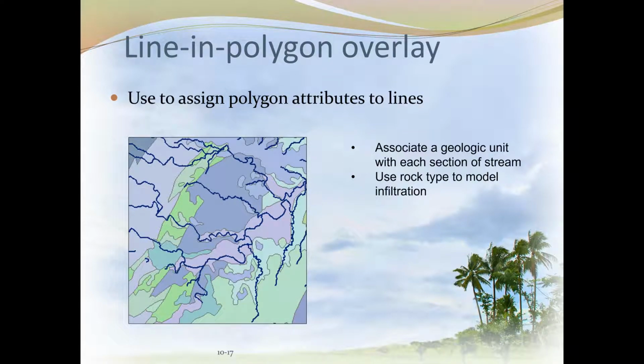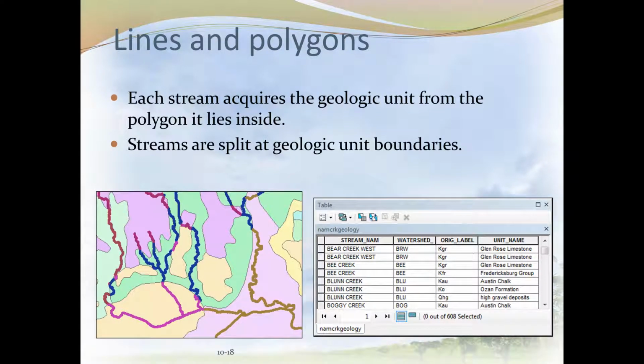So we associate geologic units with each section of stream and use rock type to model infiltration. That's in our project, and I don't think we will have time to go over those examples. But here with the lines and polygons, each stream acquires the geologic unit from the polygon it lies inside. Streams are split at geologic unit boundaries.